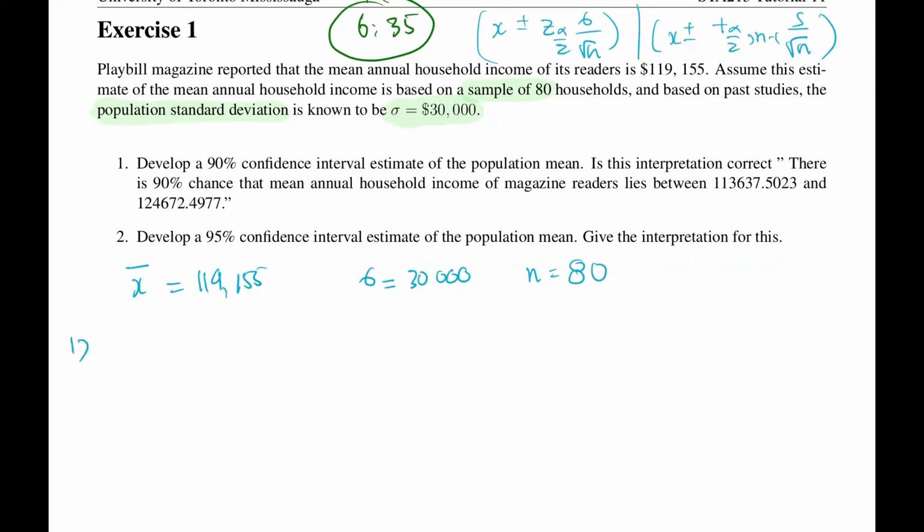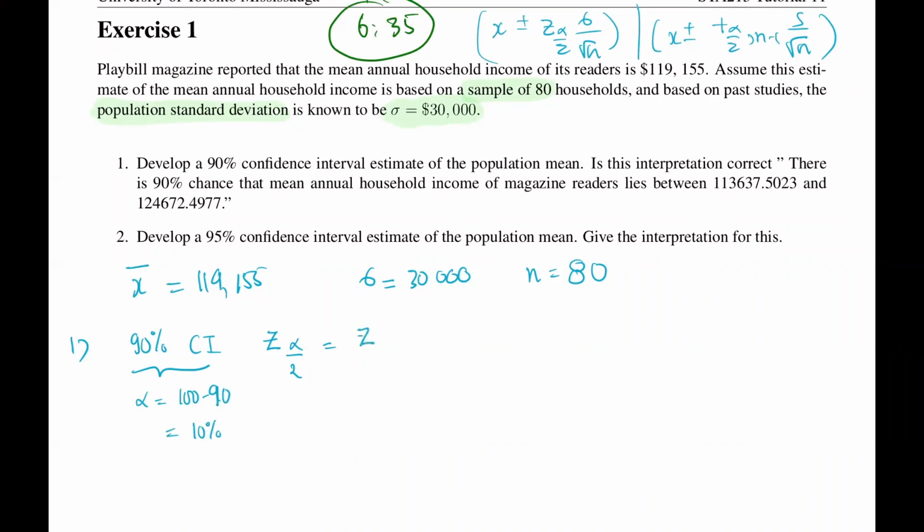For question 1, we want to find a 90% confidence interval, which means we will need to find z of alpha divided by 2. Here, a 90% confidence interval means that alpha is 100 minus 90, which is 10%.